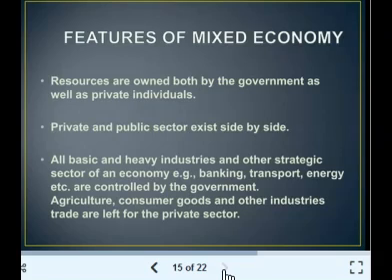Some of the aspects within a mixed economy: for the most part, the resources are owned by the government as well as by private individuals. So you can have some privatization in addition to a government-controlled economic bureaucracy. For example, in England, under Margaret Thatcher, they started to privatize some of their national systems. The railroad system was terrible in England for decades and decades.